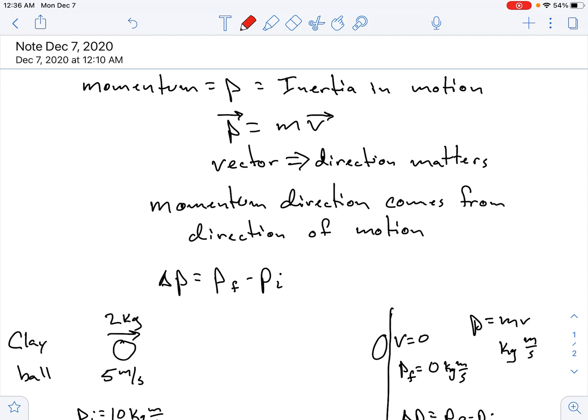The only thing that mattered when it came to inertia was mass. Now, because an object's mass and its motion both come into play, both of my variables are going to matter when it comes to determining an object's momentum.